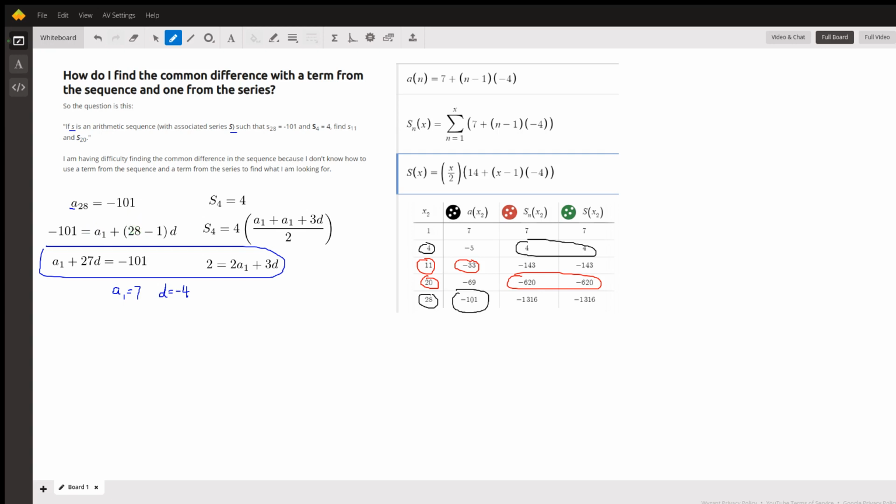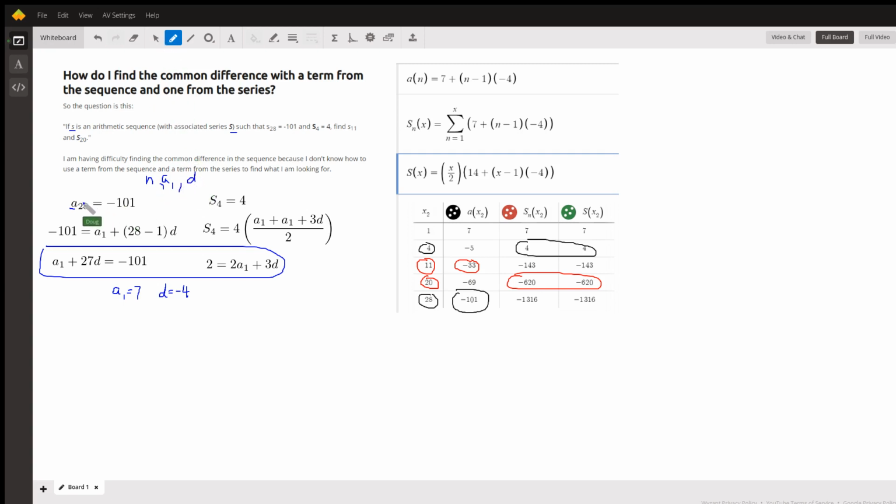That's all we know. And that the sum of the first four terms of that sequence, or the series with four terms, adds up to 4. So the formulas for the nth term of an arithmetic sequence and the sum of that arithmetic sequence contain the variables n, a sub 1, and d.